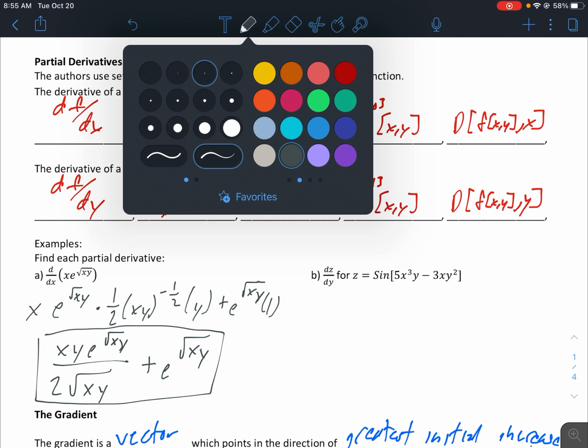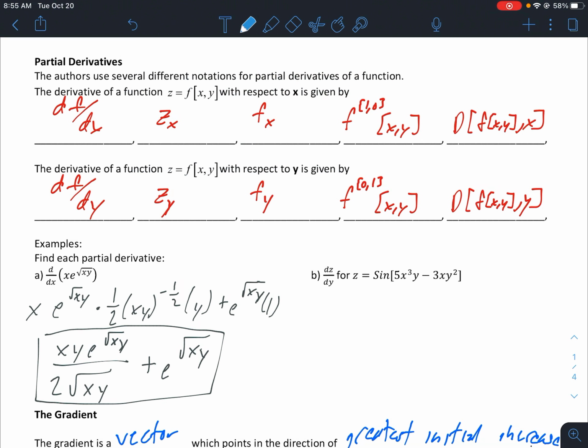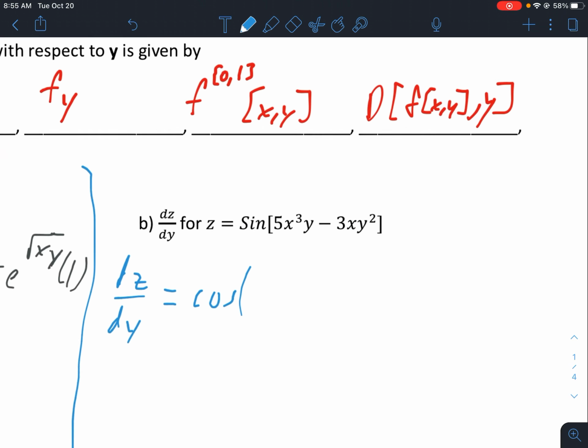And for b, we're taking the partial derivative of that function with respect to y. So anything that's not y is going to be treated like a constant here. Again, we're using the chain rule. So the derivative of sine is cosine. The inside function does not change here.